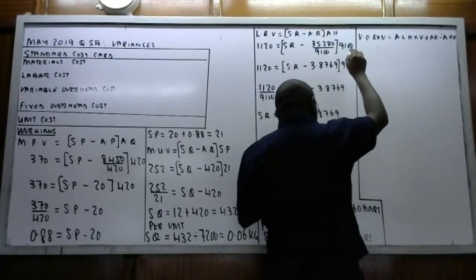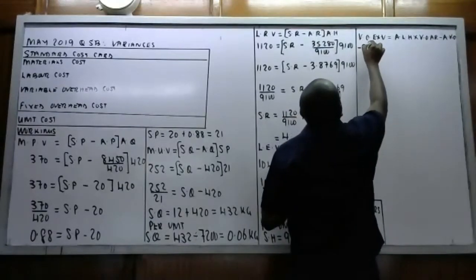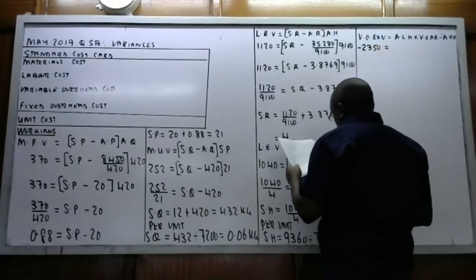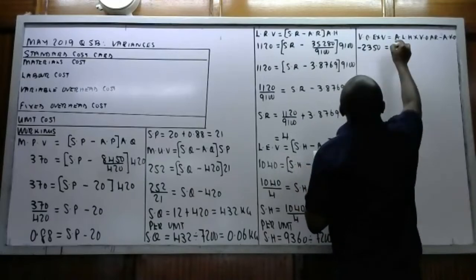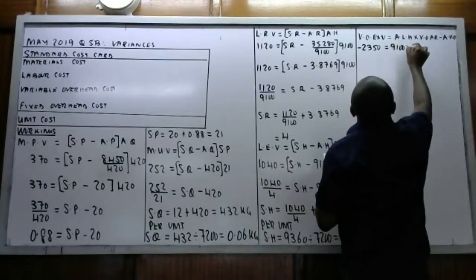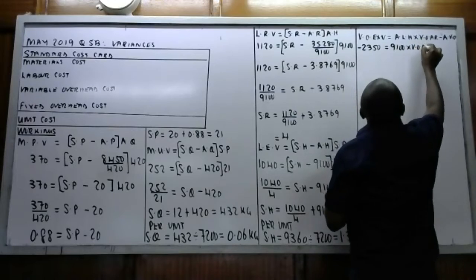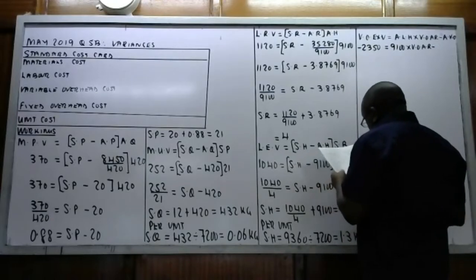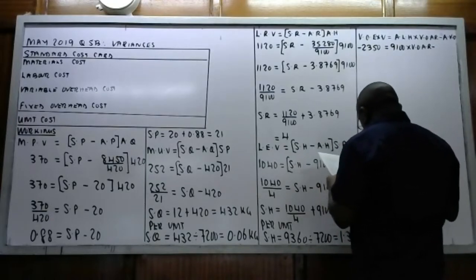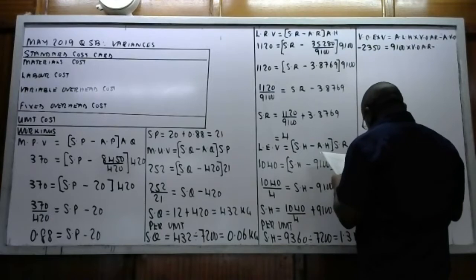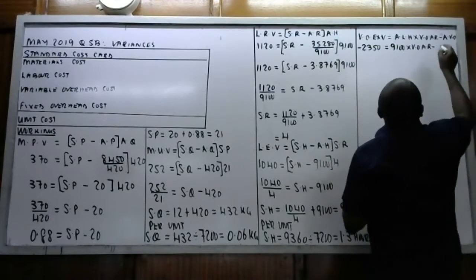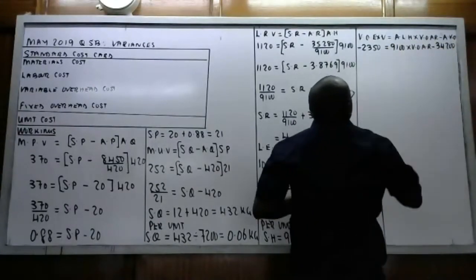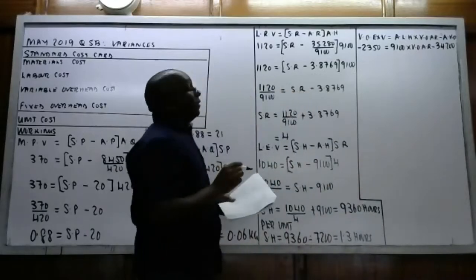So negative 2350 should be equal to actual labor hours, which I do know that they are 9100 times VOAR, which we do not know, minus variable overheads, which are given as that 4,200.